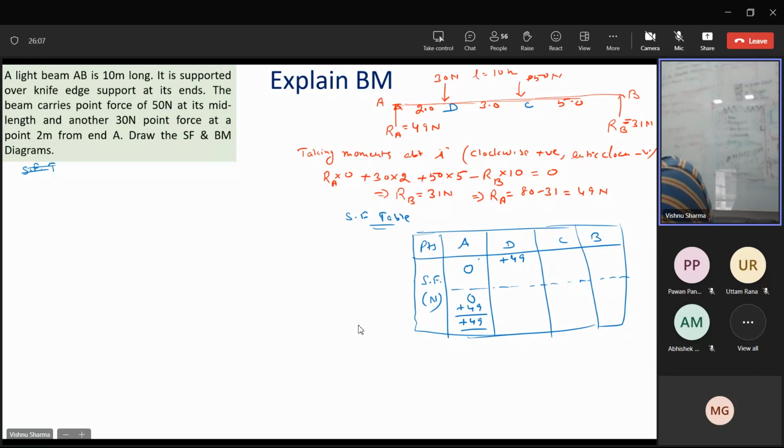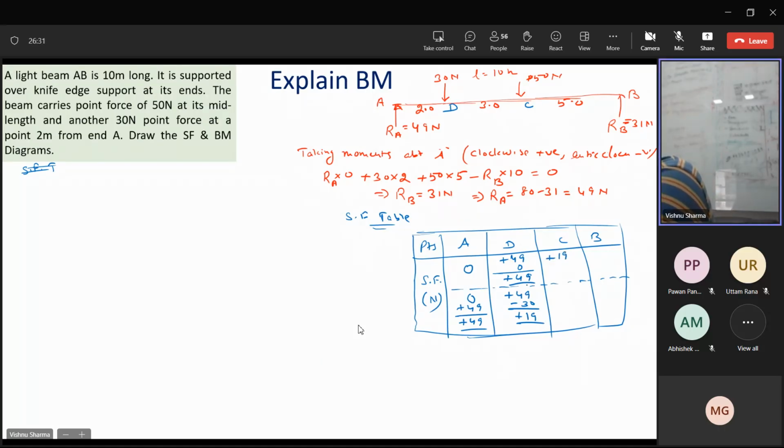Pay attention. From right of A to the left of D, the change is 0. So the shearing force remains plus 49. I carry forward plus 49. From left of D to right of D, is there a change? Yes, minus 30. It becomes plus 19. I carry forward plus 19.